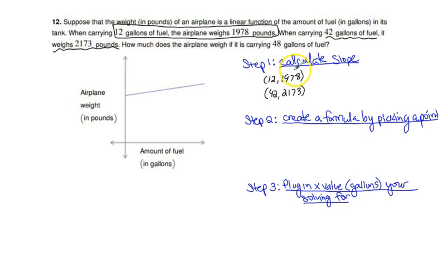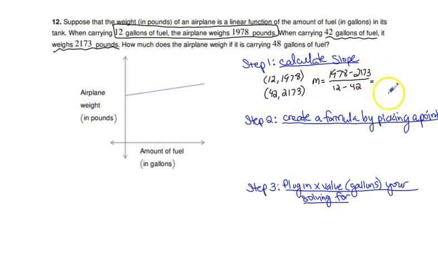because now when I go to do my subtraction, check it out. My 2 y values are stacked and my 2 x values are stacked. So my slope, 1978 minus 2173 over 12 minus 42.